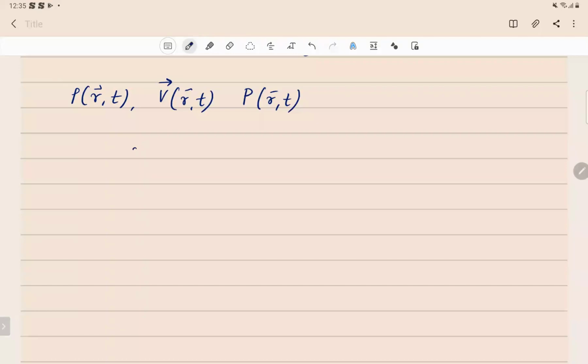Now you know what the fluid equations are. So we have the equation of continuity, which is conservation of energy, mass. I am sure most of you are familiar with this. Then you have the Euler's equation, which is basically the force equation.